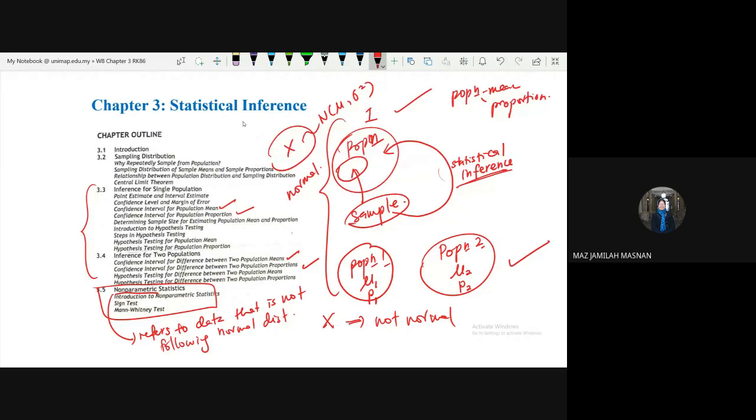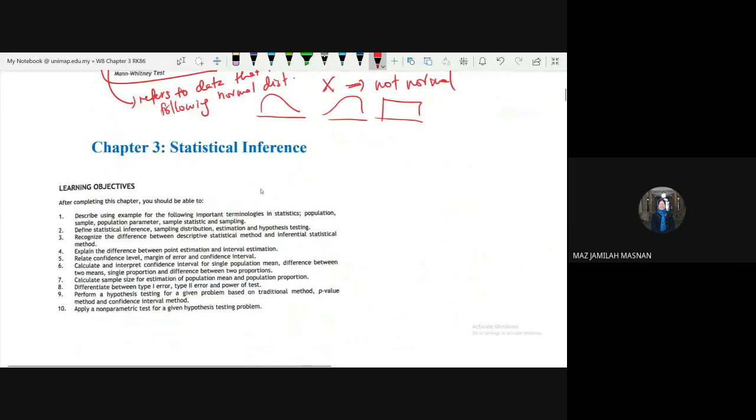When we say not normal distribution, the distribution can be skewed to the right, skewed to the left, uniform, and whatsoever. You can have many more types of what we call non-normal or non-symmetric distribution. So that would be some of the introduction on statistical inference.